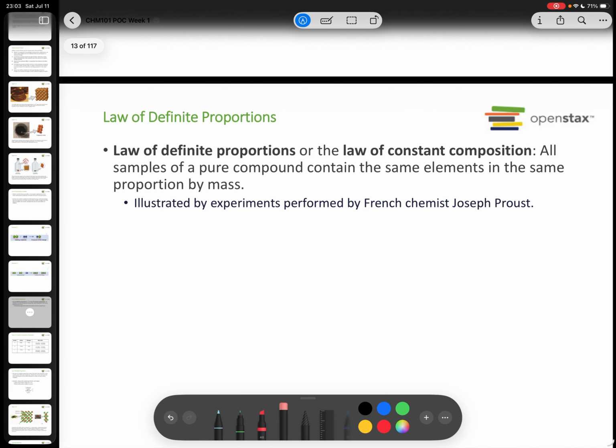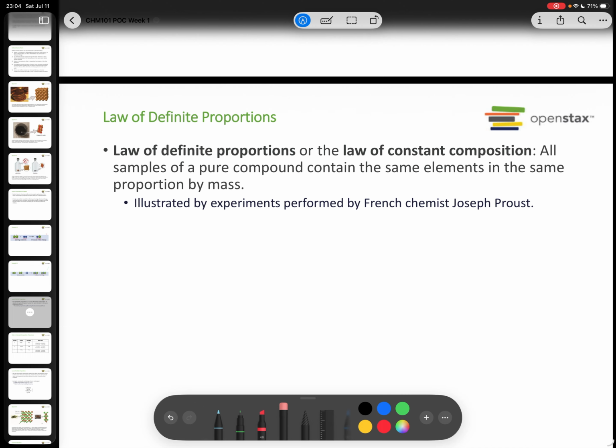Okay. So, the law of definite proportions naman, also called law of constant composition, states that all samples of a pure compound contain the same elements in the same proportion by mass. So, for example, pure water is always made of hydrogen and oxygen in the same mass ratio.